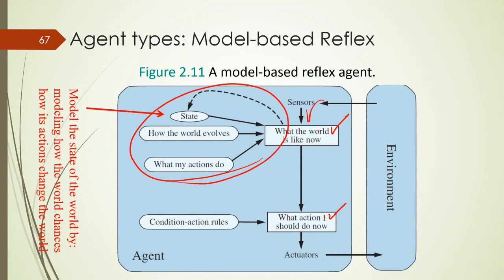So the input to the decision part is not just sensor information. Instead of just the sensor's description of the environment, we also add something, because we have the state of the environment.